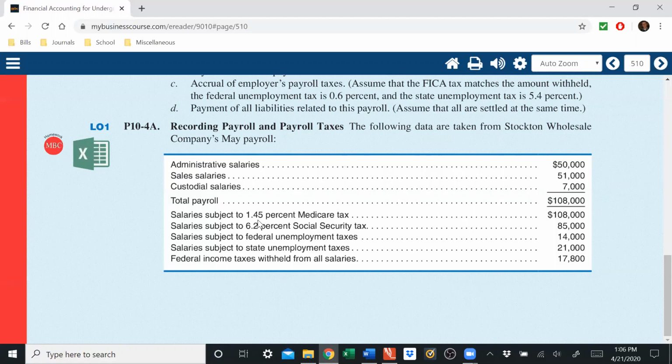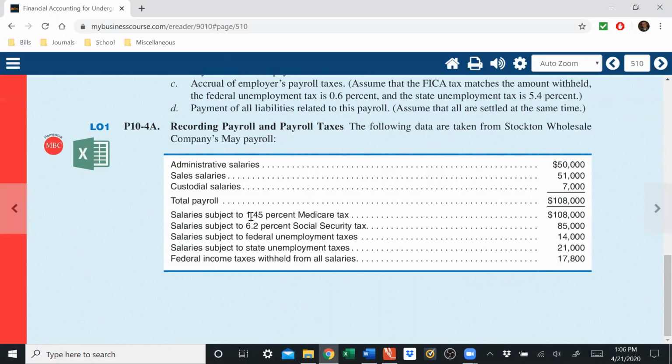And the employee has to pay those same rates for Medicare and Social Security on that dollar to the federal government. But instead of letting the employee pay that to the government on their own, the employer will withhold twice.